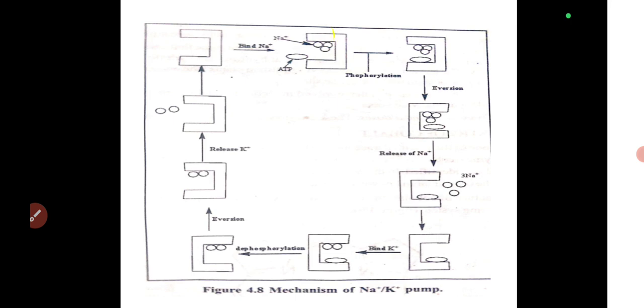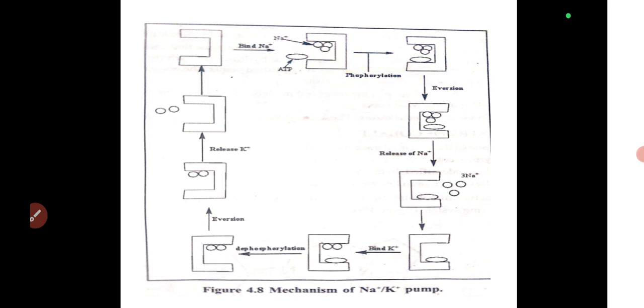First of all, 3 sodium ions bind with the cell membrane, inside the cell. For binding, it requires energy, and ATP will provide energy for the binding. Then ATP also binds with the cell membrane, which is called phosphorylation.